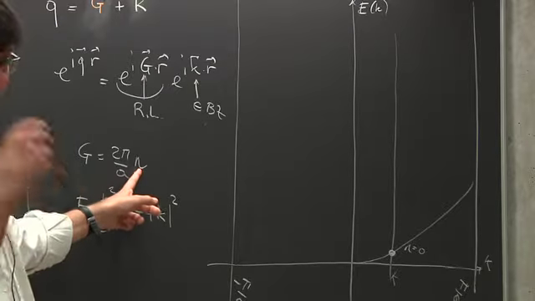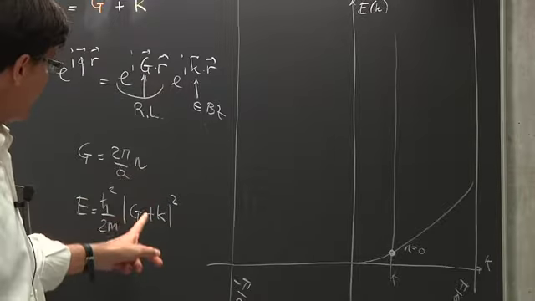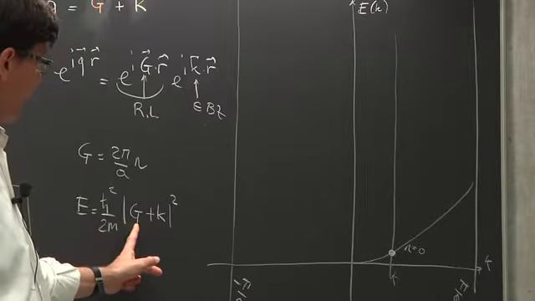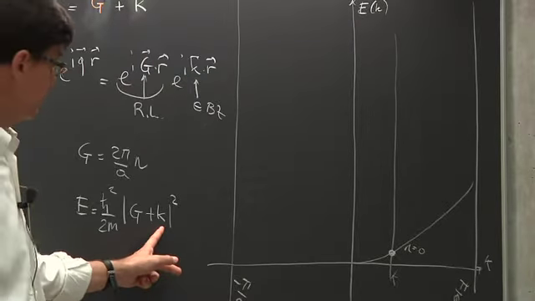n equals to plus 1. n equals to plus 1 here becomes (2 pi over a plus k) squared.